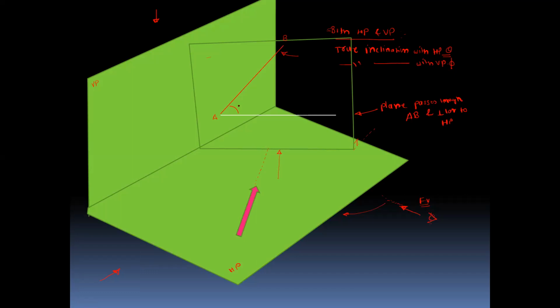This true inclination is called theta. Why is this the true inclination? Because if you observe from the normal front direction, that is for the front view, then we cannot observe this true inclination. The inclination observed from the front view is called the apparent inclination.